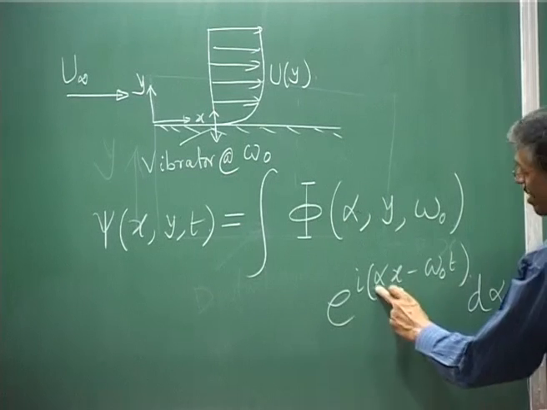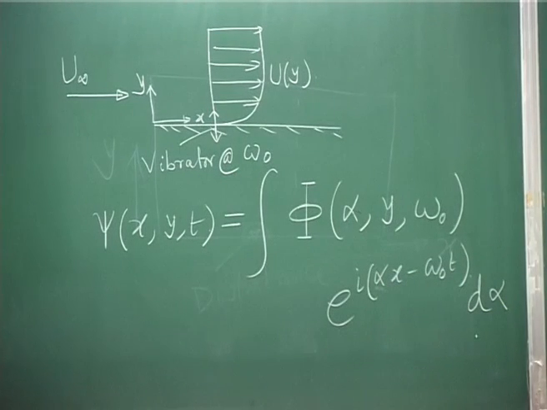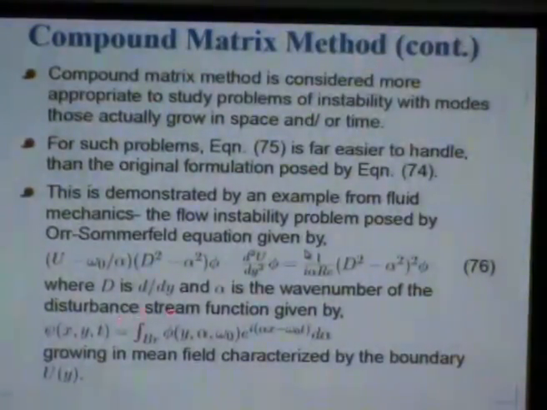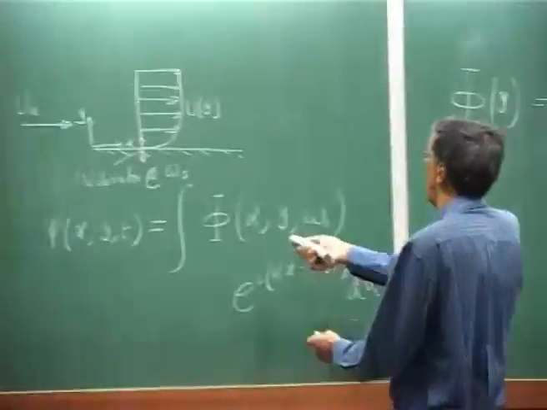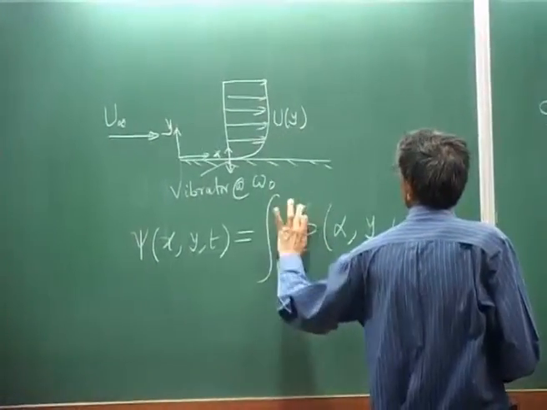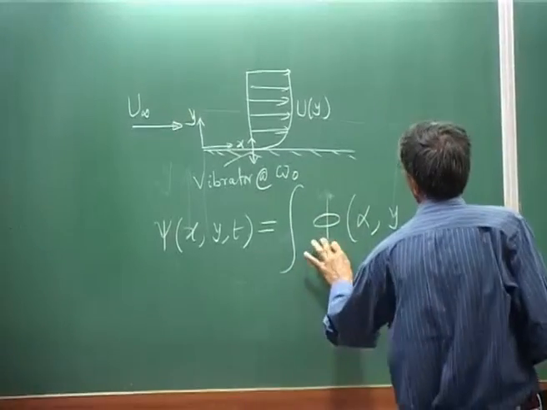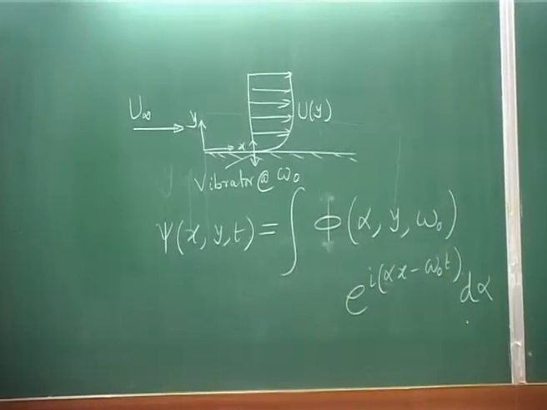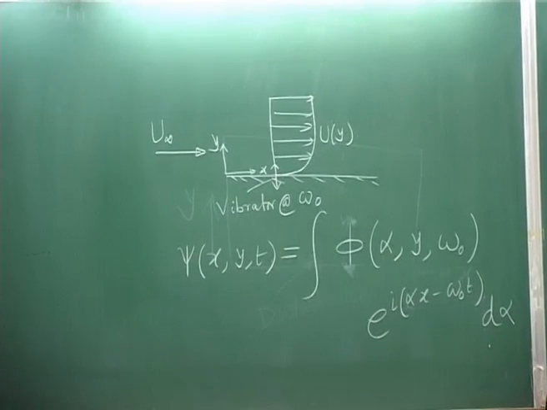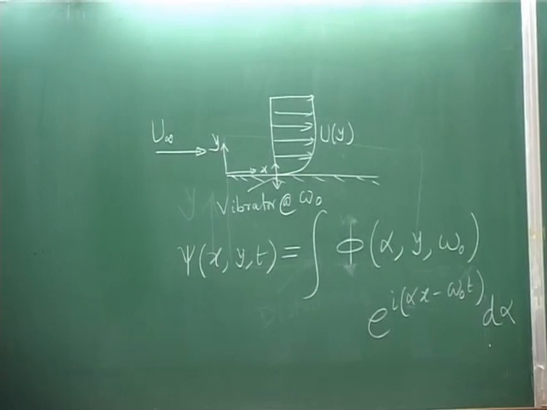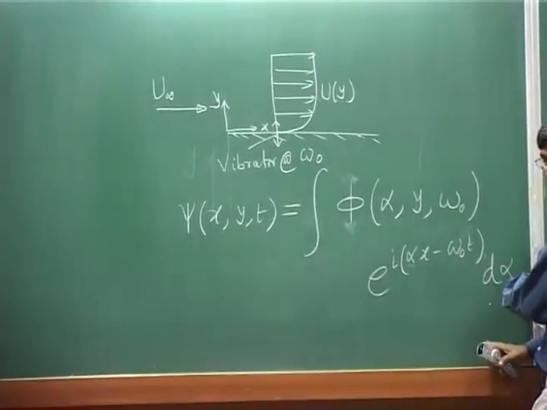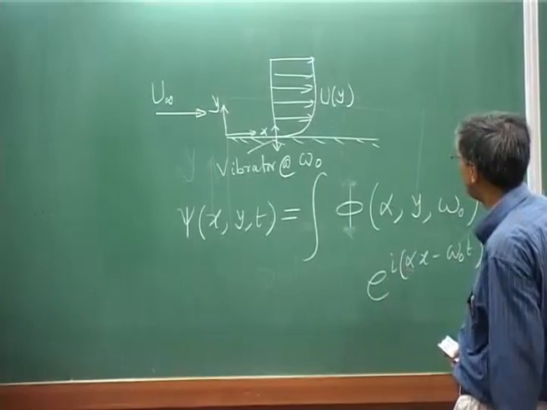We are trying to look for complex alpha which will be governed by this equation, the Orr-Sommerfeld equation. That is what you can now see, that phi is that. Well, I think I have used a lowercase phi, so let us keep it lowercase phi, and then what we are going to do is obtain the solution given by that Orr-Sommerfeld equation for all possible values of alpha, and then integrate this.